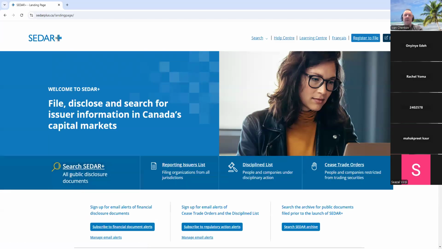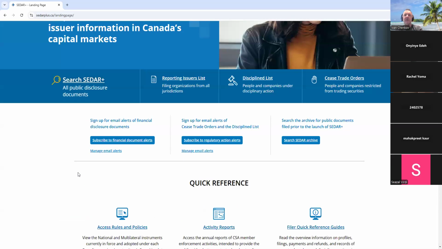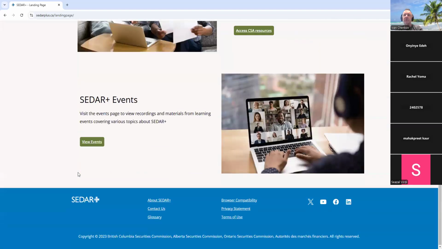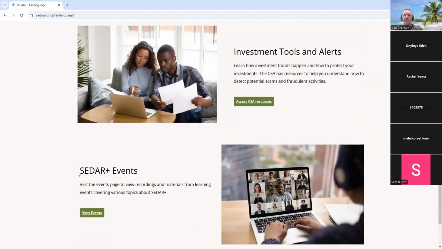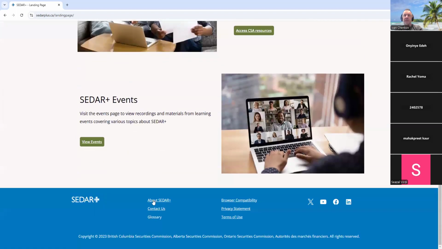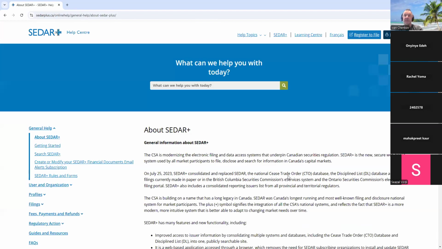Here we can find all the public disclosure documents. So if you want to know more about what that Cedar Plus is about, you can click on the Cedar Plus at the bottom, and you're going to find out that Cedar Plus is a continuation of the Cedar, which is under Canadian security regulations.